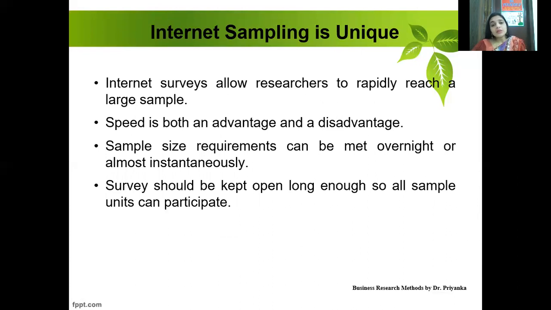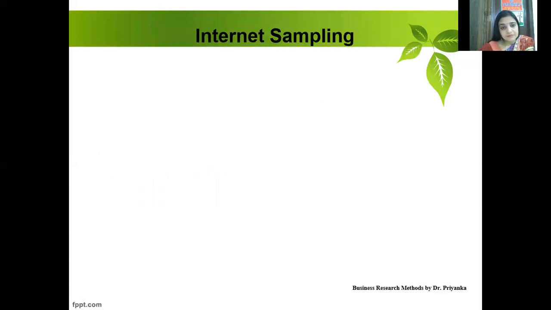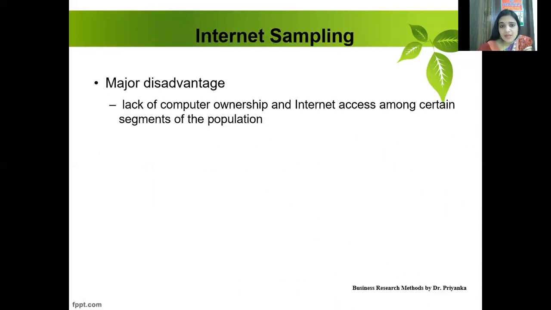You can float the email, or you can put the questionnaire on the website, you can inform people, and in the meantime you just keep checking the replies, and till the time you reach the stage when you will be actually conducting the analysis, you can keep this open so that people can reply. How internet sampling is done?